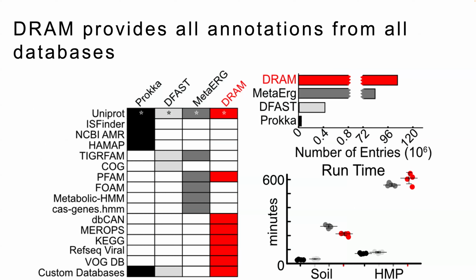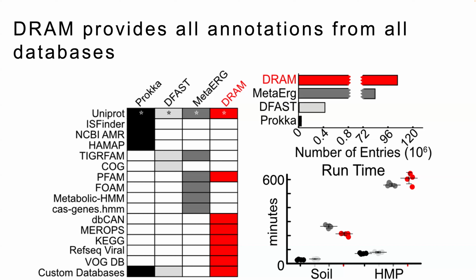I wanted to put this up here too. Ben talked yesterday about different types of annotators in KBase. Prokka is one that he ran, and these are comparisons with DRAM. These are all of the databases that DRAM uses, and this is a comparison. DRAM does use more databases, and because of that, the runtime is a little higher relative to other annotators.